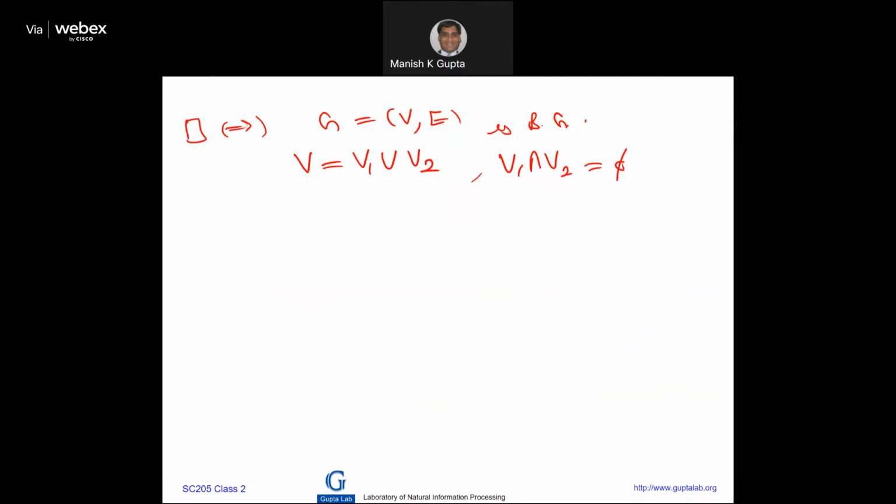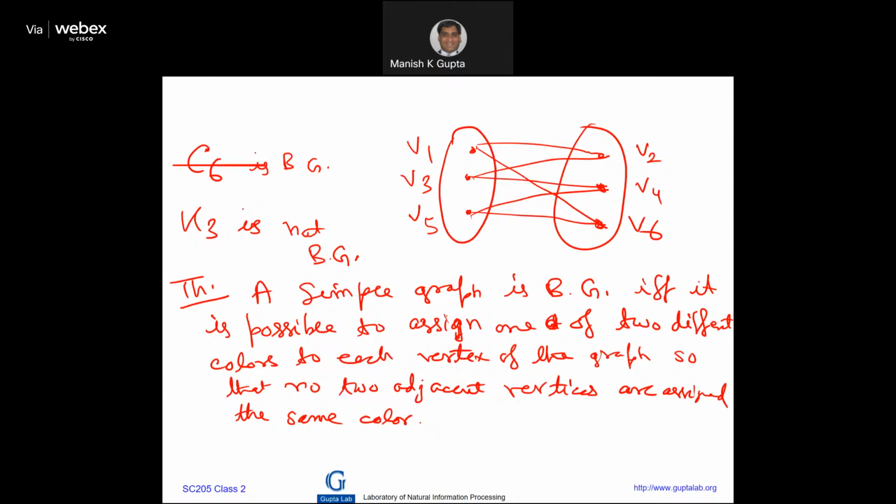They are two disjoint sets. What we are trying to prove is this: I am assuming that the graph is bipartite, and now I have to prove that I can assign these two different colors. So I will make these two bars.